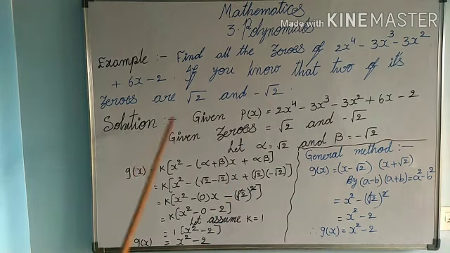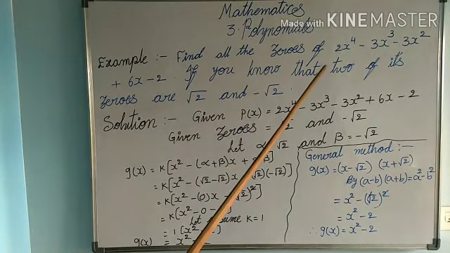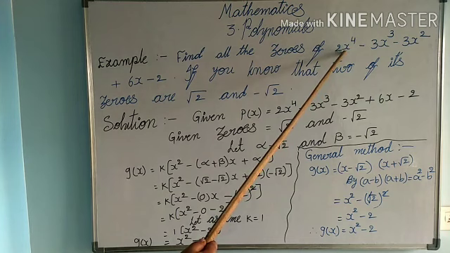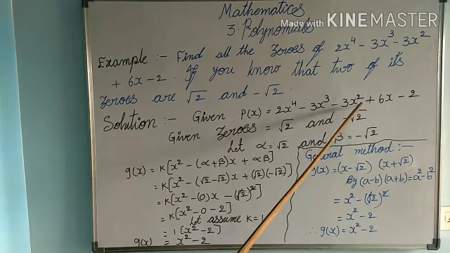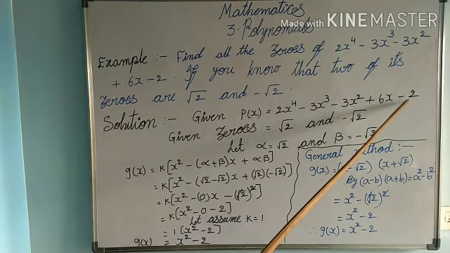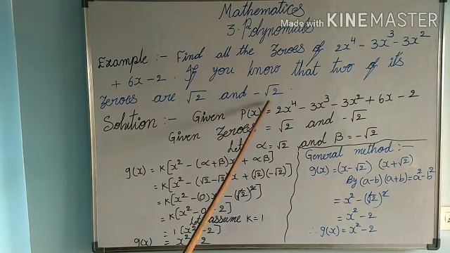Solution. Given polynomial p of x means given equation, this is dividend: 2x to the power of 4 minus 3x cube minus 3x square plus 6x minus 2. It is a polynomial, it is a dividend, and 2 of its zeros they give.